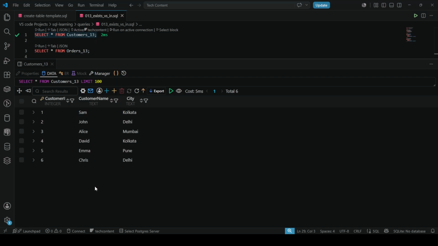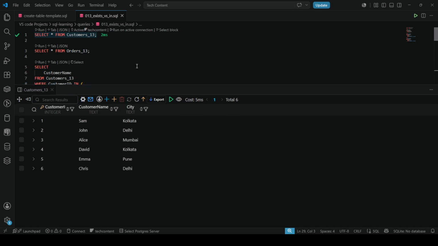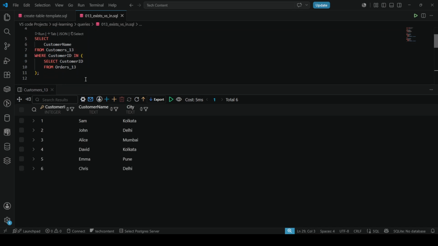So let's use IN. This is my third query. Here the inner query first gives us the customer IDs that appear in the orders table, those IDs are 1, 3, and 5. Then the outer query looks at the customers table and asks, is the customer's ID inside that list?